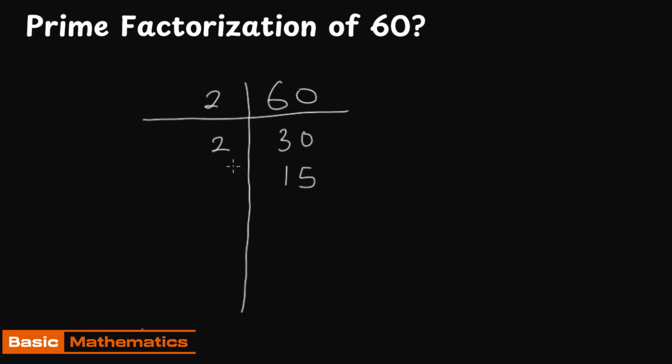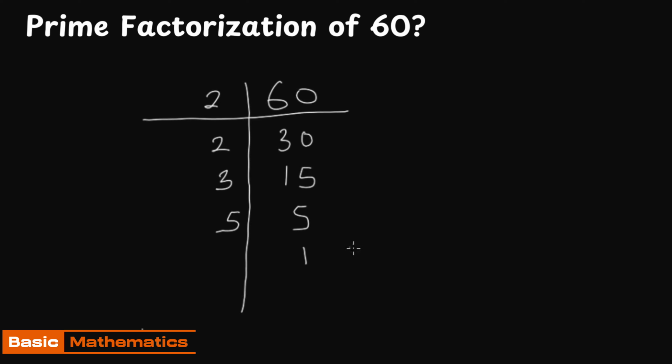Now, can 2 divide 15 without a remainder? No. So we can try 3. Now remember that 3 times 5 is 15, so we can use 3. So 3 into 15 is 5. Next, we can use 5. So 5 divided by 5 is 1. So we stop right there.